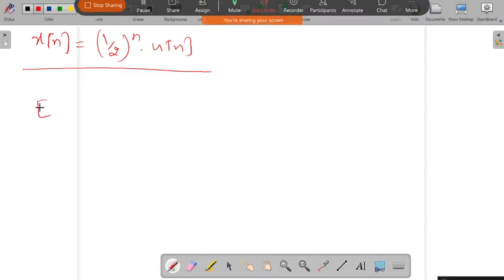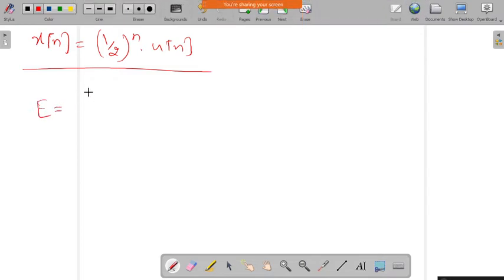So use the expression. The standard expressions are there, you need to use that. So summation n equal to minus infinity to plus infinity, x of n magnitude square.